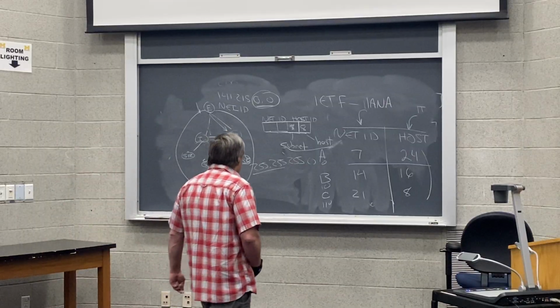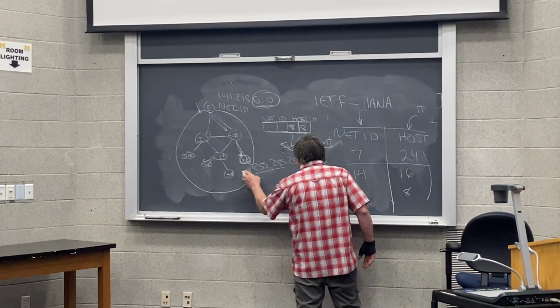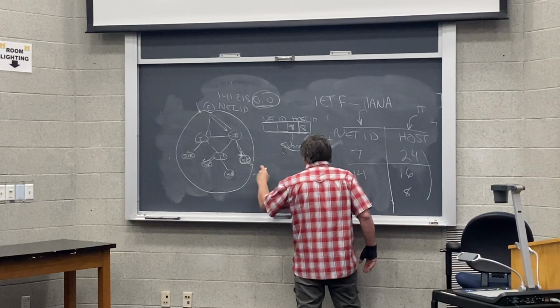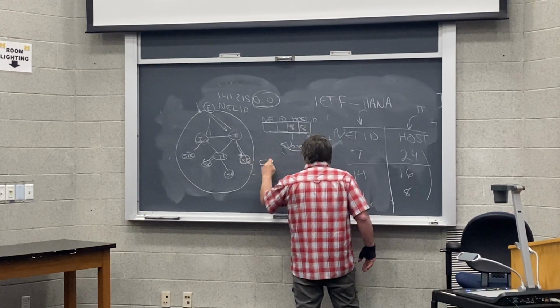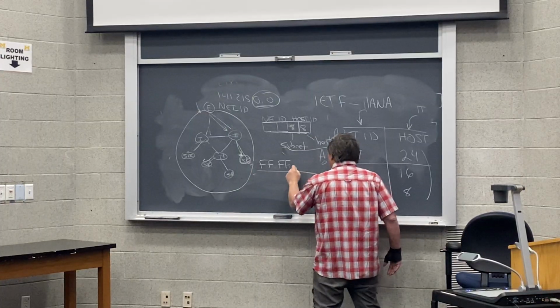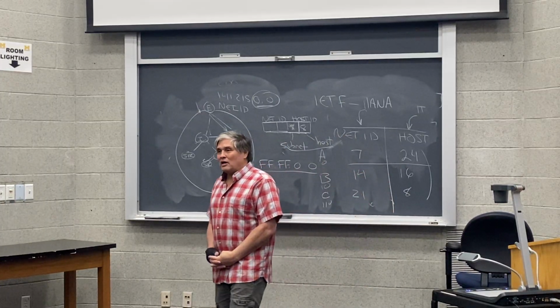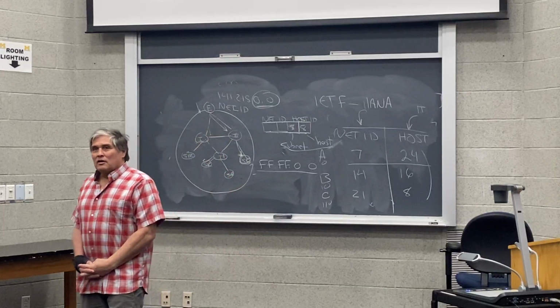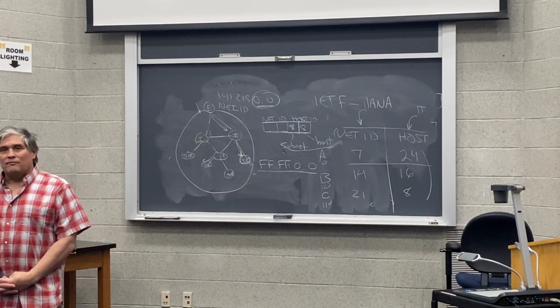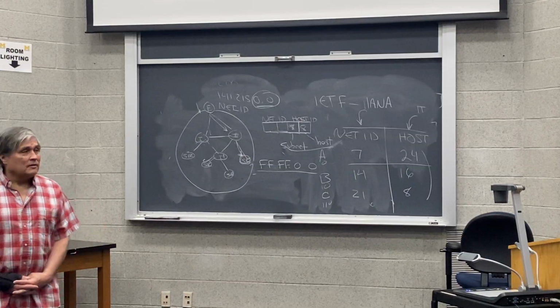Hence, you would have 255.255, or I guess I'm lazy, I like FF. So your network mask for a Class B network is FFFF0000. When you AND that with the IP address, the subnet and host ID fields drop out and you just have the network ID field.